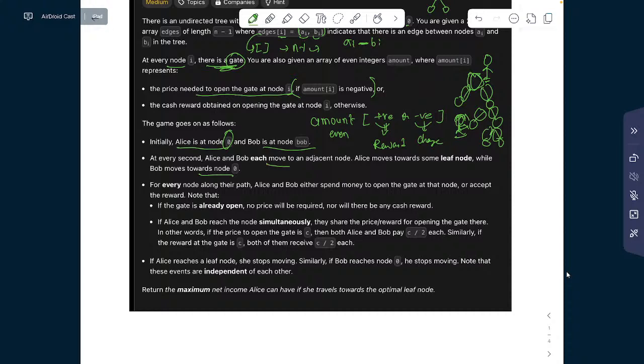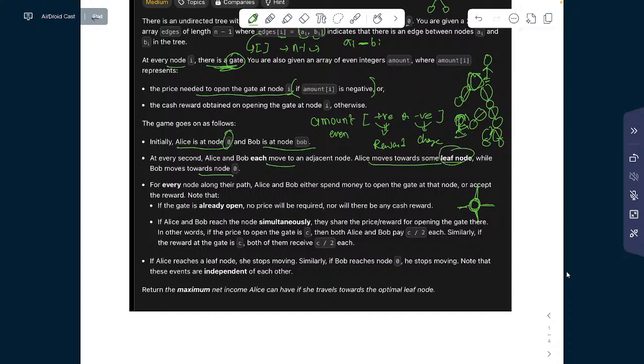So they move to an adjacent node means that this is their position, so they move to some node which is connected to them. It's a tree, right? They can move freely wherever they want to. Bob moves towards node 0 and Alice moves towards some leaf node.